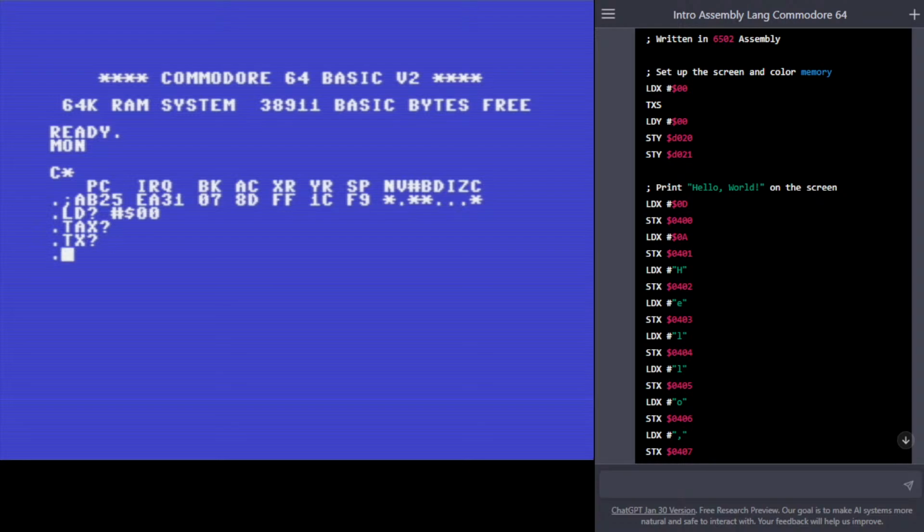TXS. See, it's doing that. LDY, which it's not going to be able to LDY. So we're going to have to do LDA $D020. TAY, we'll just assume that's the thing.